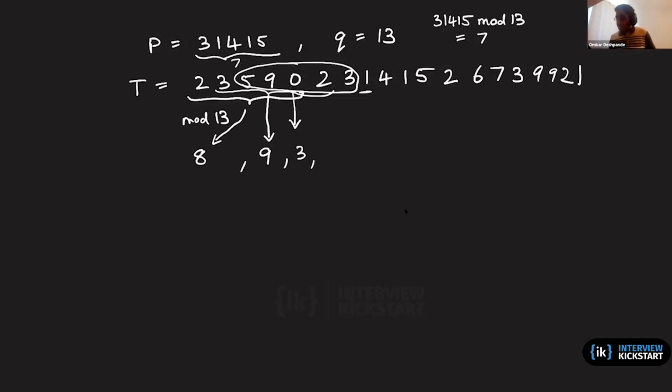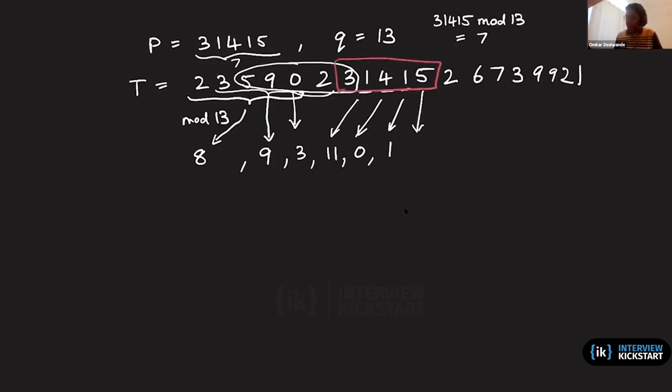The next value which ends at this 1 turns out to be 11. The next value which ends at this 4 turns out to be 0. The value that ends here turns out to be 1. And then at this point, we are going to get 31415, and when we take 31415 mod 13, we are going to get 7.